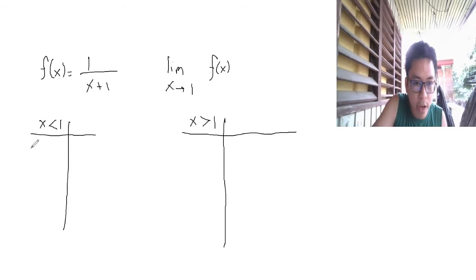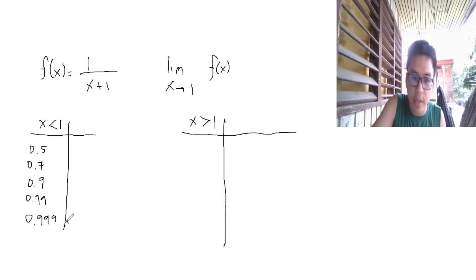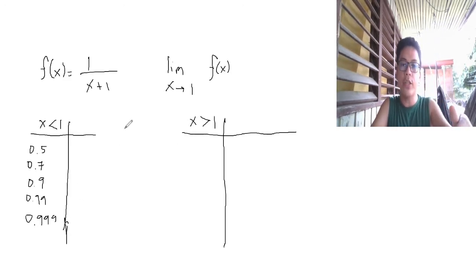So let's have 0.5, and I'm going to approach 1, so I have to make the value of x closer to 1. I have 0.7, 0.9, 0.99, 0.999. If you see, there's no x here that is equal to 1. You can do that on your own calculator.